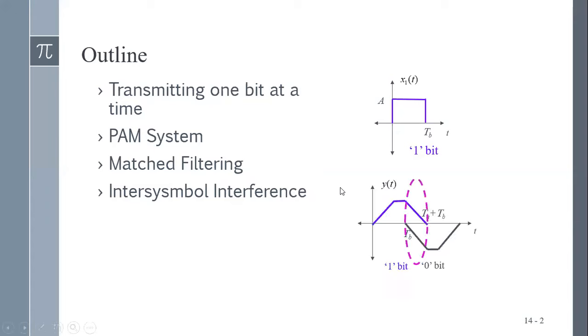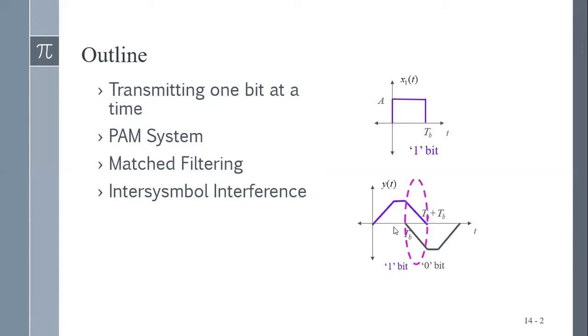Now if I am transmitting one bit at a time, suppose this is the first bit, and then we send the second bit. When transmitting through a channel, the signal gets corrupted by noise, and the shape differs.